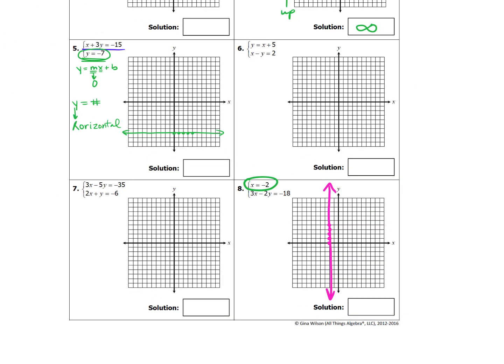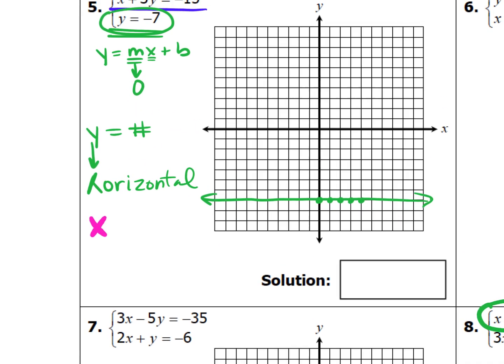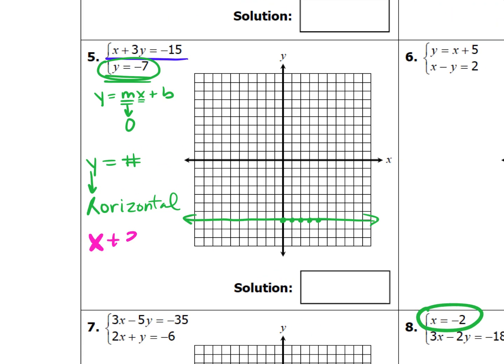Okay, come back up to number 5. Now you have this equation, x plus 3y equals -15, okay? If we want to put that into slope-intercept form, what do I do first? Before you divide by 3, we will eventually, not divide by x, subtract x, right?